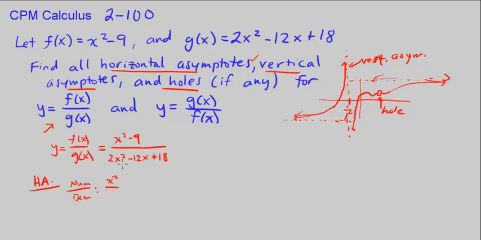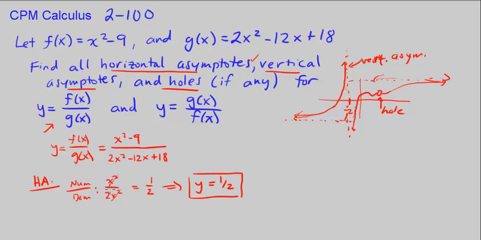And in the denominator, we have 2x squared. If they're the same power, these are both to the squared, we just divide them and we get 1 over 2. And that makes us have a horizontal asymptote at y equals 1/2.